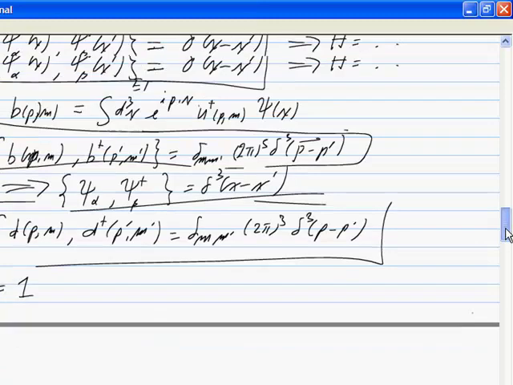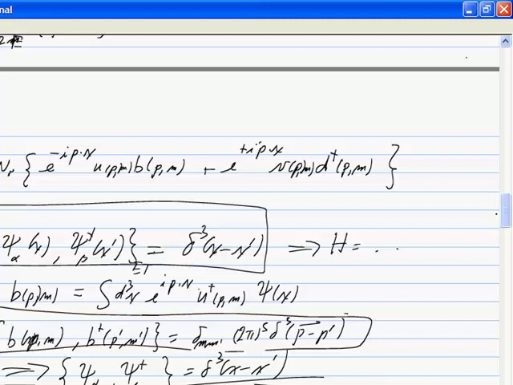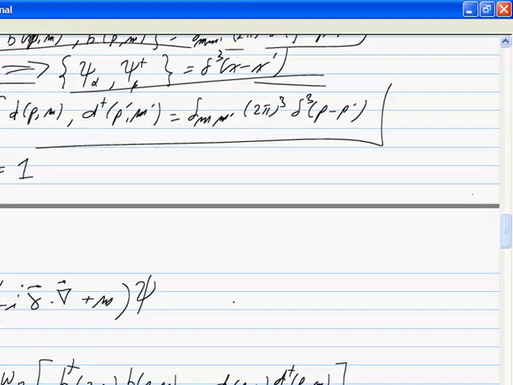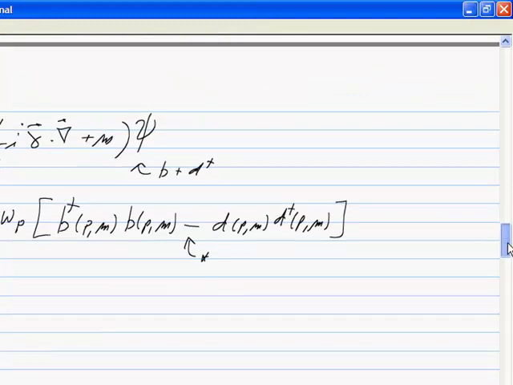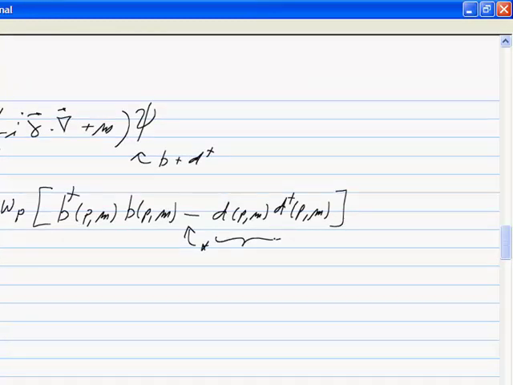I've done nothing with the order at this stage. Psi carries b and d dagger, and it sits to the right in that equation. So here, the b sits on the right and the d dagger sits on the right. The trick now is that this is in the wrong order to be the number operator, so I put it in the correct order.